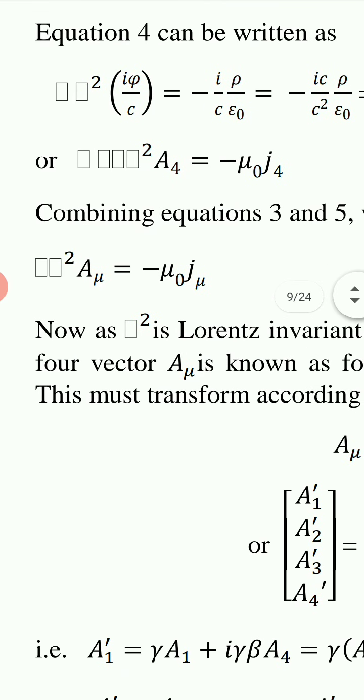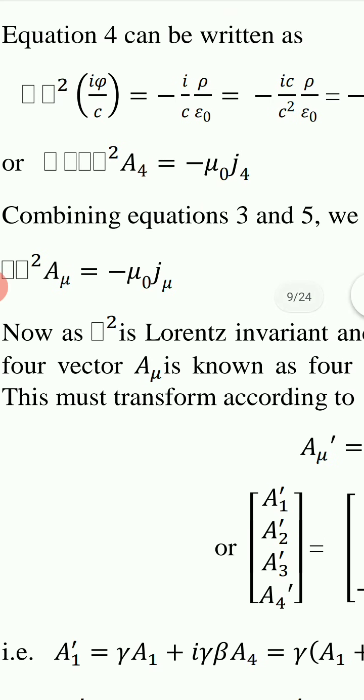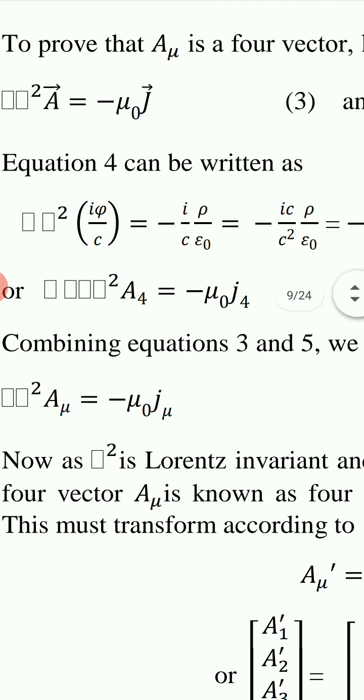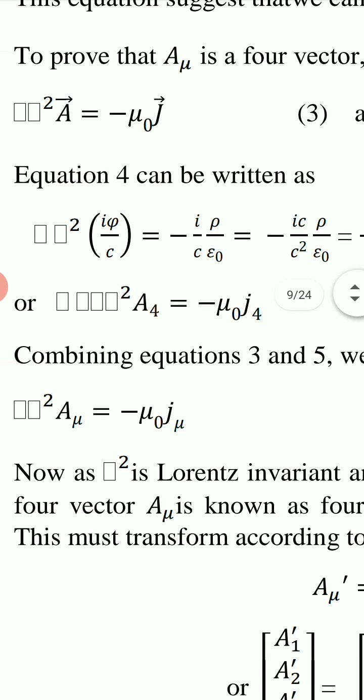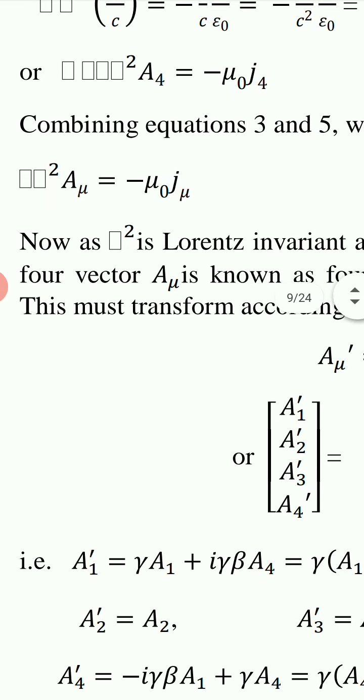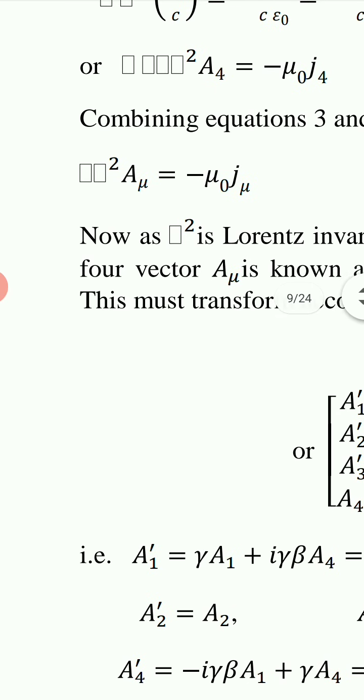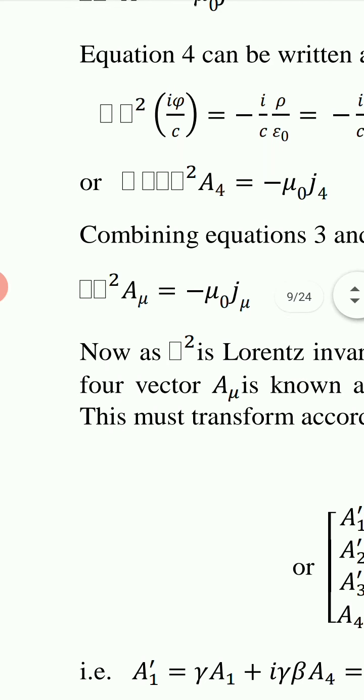Now this equation 4 becomes del square A4 equal to minus mu 0 J4, while equation 3 is del square A equal to minus mu 0 J. These two equations, equation 3 and equation 5, are combined together to form this equation del square A mu equal to minus mu 0 J mu.